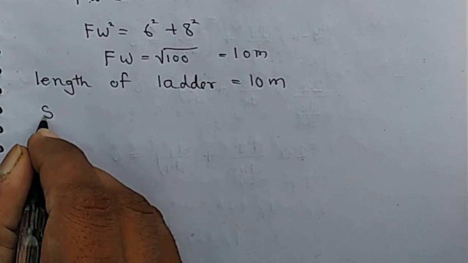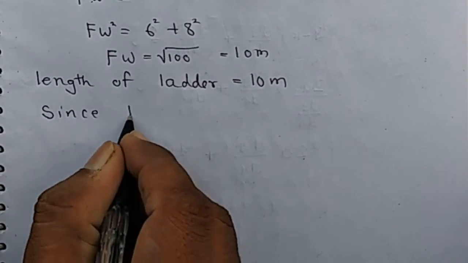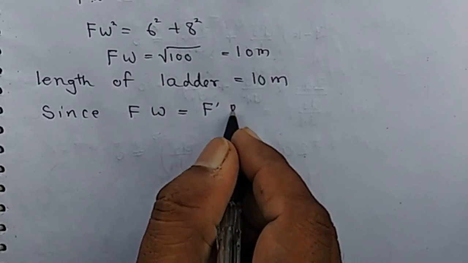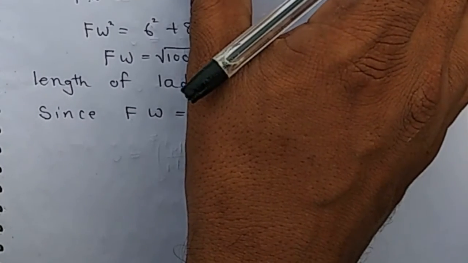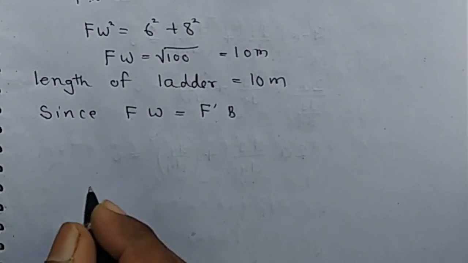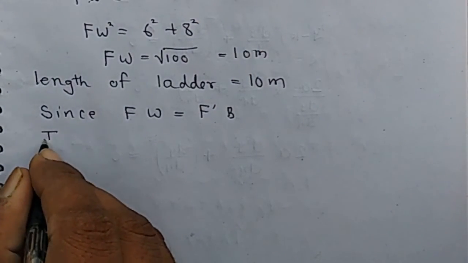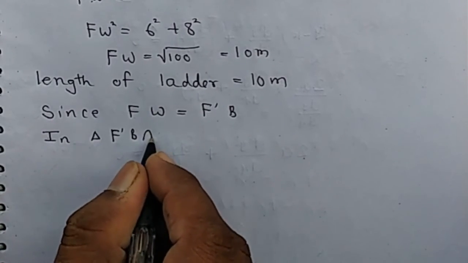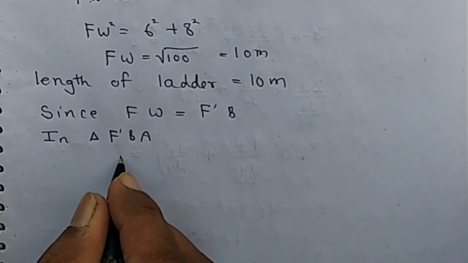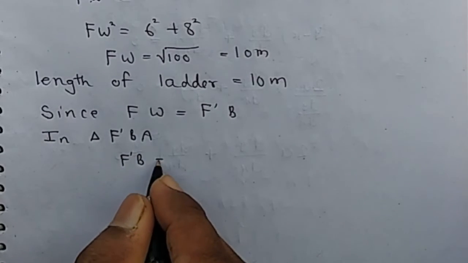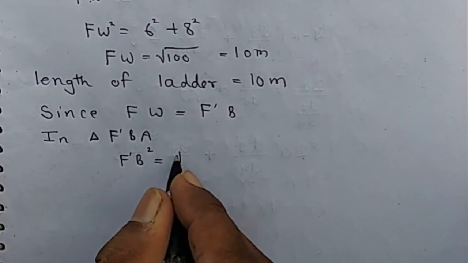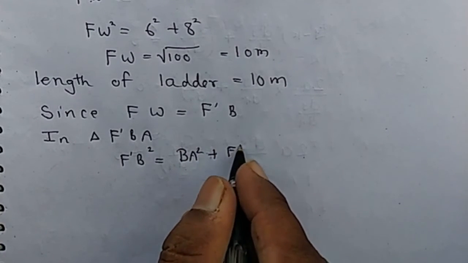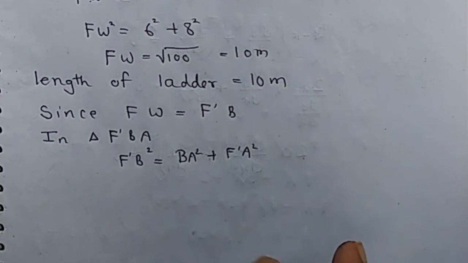Since FW is equal to F dash B, because F dash B is also the length of the ladder, in triangle F dash BA we have F dash B square equal to BA square plus F dash A square by Pythagoras theorem.